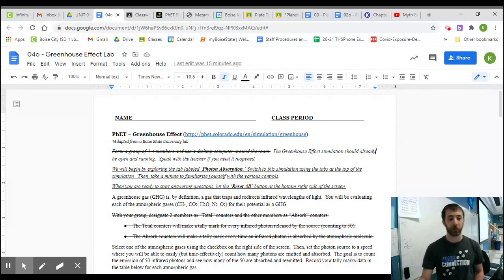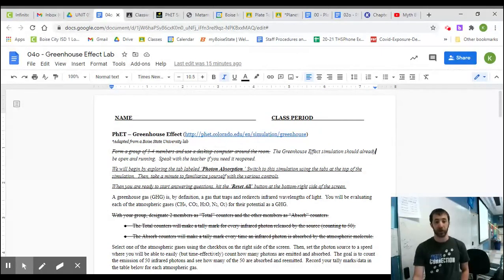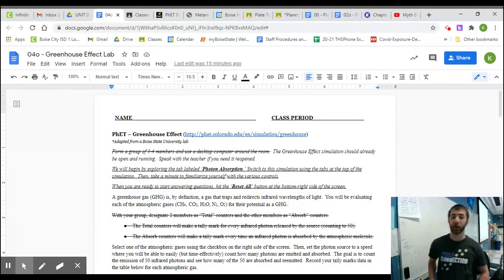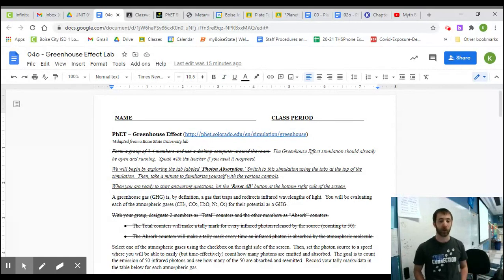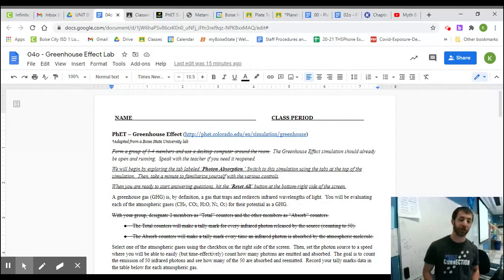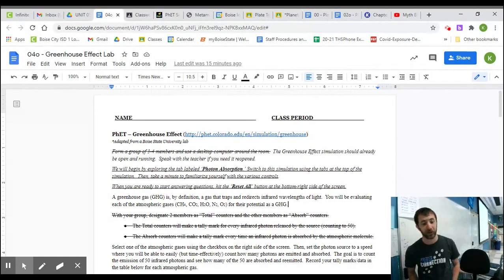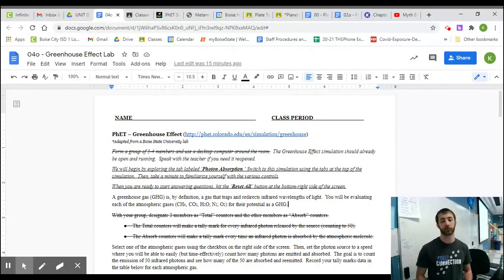We're going to start here just by determining what the greenhouse effect is. A greenhouse gas is, by definition, a gas that traps and redirects infrared wavelengths of light. So we're going to be looking at some of the most prominent gases in the Earth's atmosphere: CH4, which is methane; CO2, carbon dioxide; H2O, water vapor; and then molecular nitrogen and oxygen, just to see if they serve as greenhouse gases.